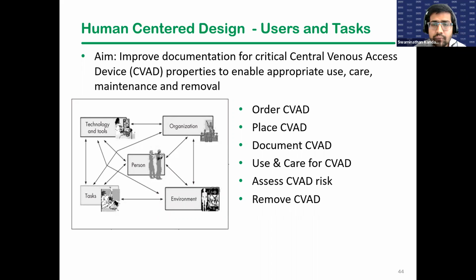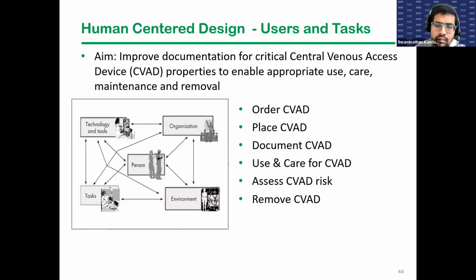If you think about what the tasks involved in a CVAD are, it starts with recognizing that the patient needs one, and then a physician or somebody orders it. Then somebody places the central venous access device, and then we need to document that placement.